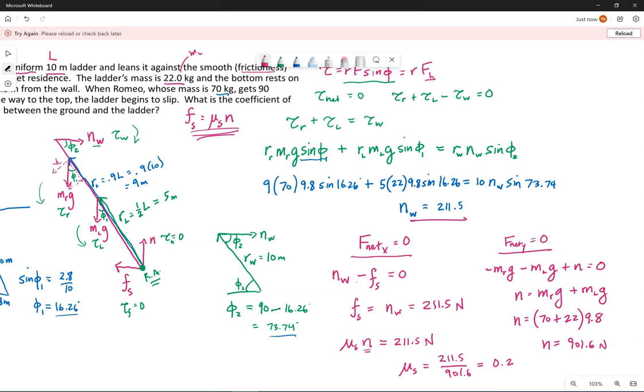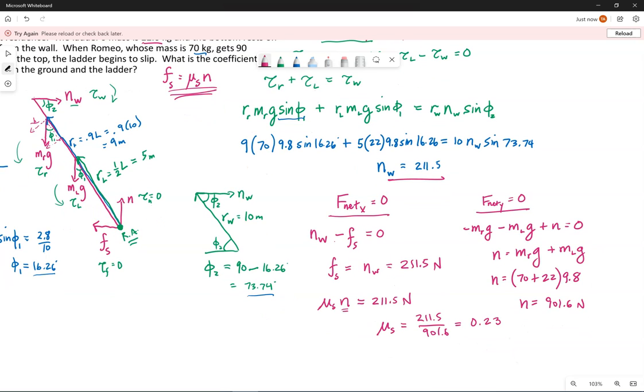I'm getting 0.23. And I think, yeah, we have at best 2 sig figs. Now, since it told us this 90% of the way up the ladder is when the ladder just barely starts to slip, we could probably say that mu sub s is just barely less than this value.